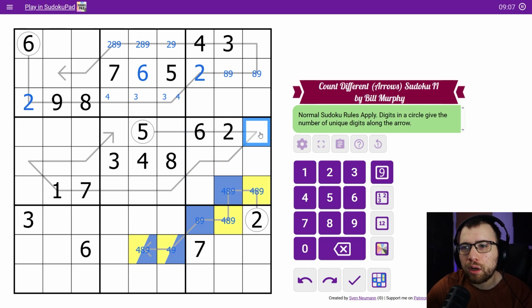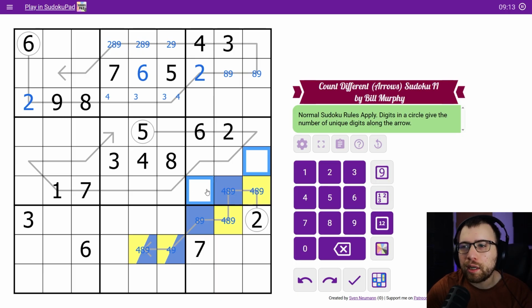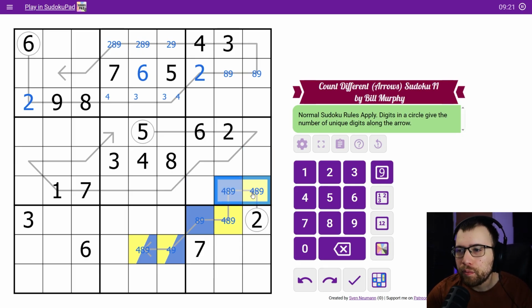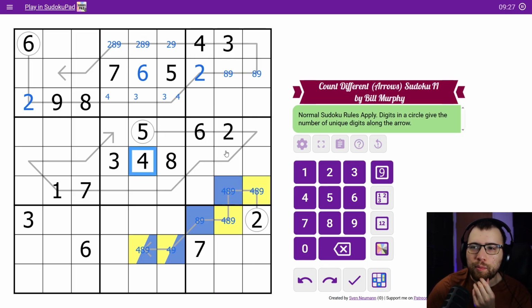Wait, no, that doesn't make any sense, because these ones are not a part of the line. I was looking at these 2 squares as being the only 2 possibilities for the 4, and then I just now realized that if the 4 is on one of these 2, it does fulfill the requirements of not being on this line.